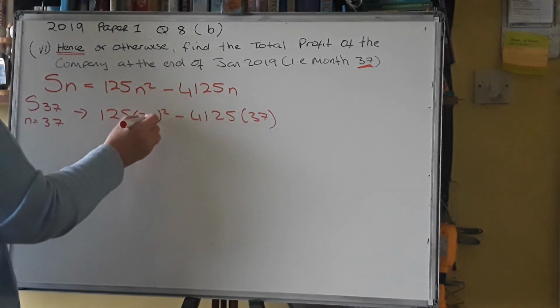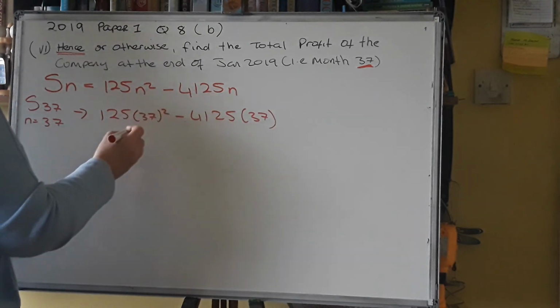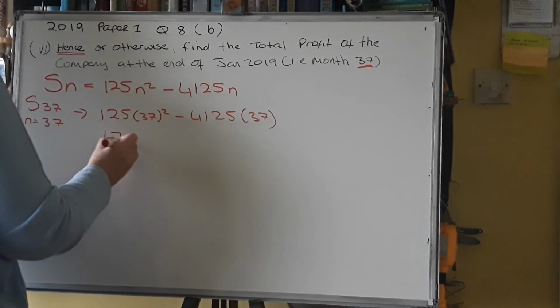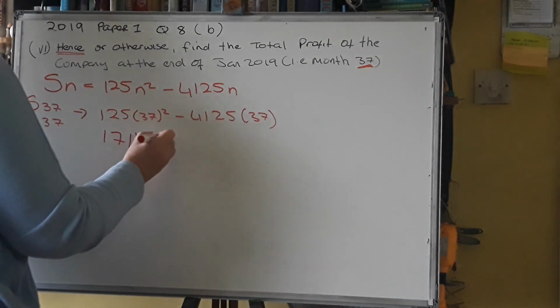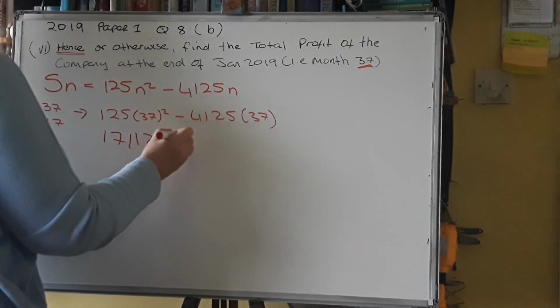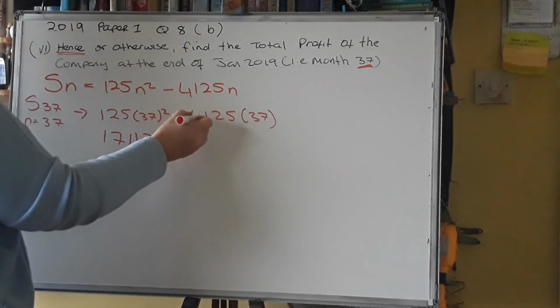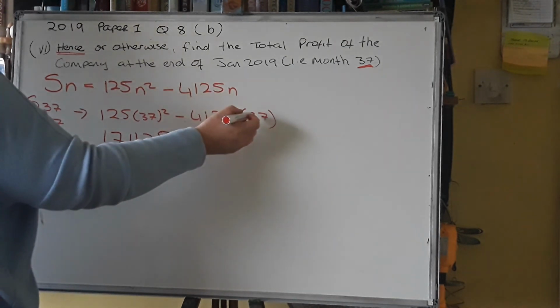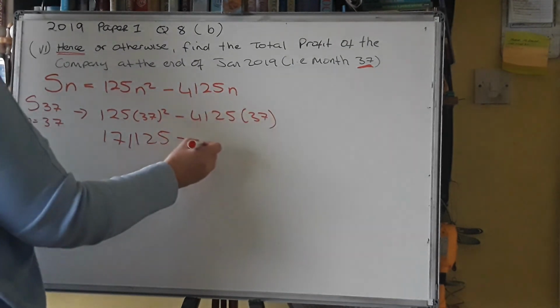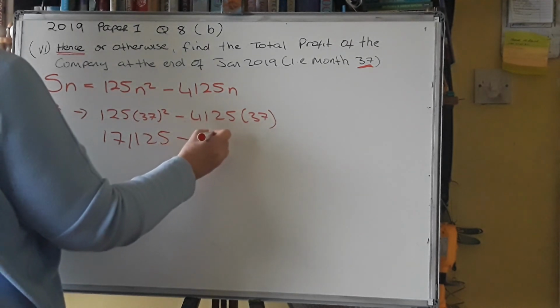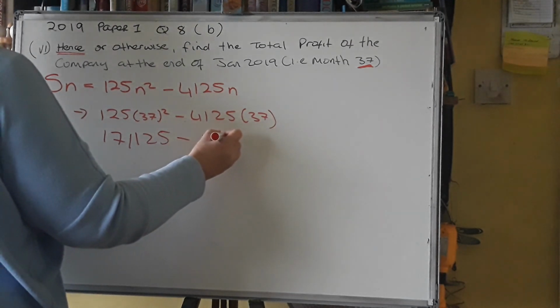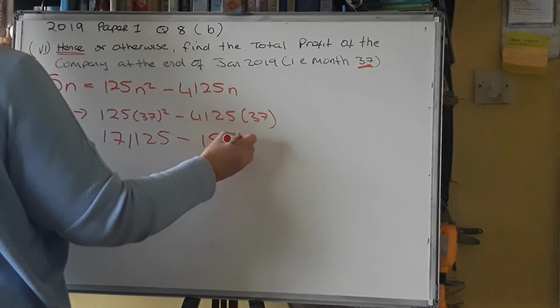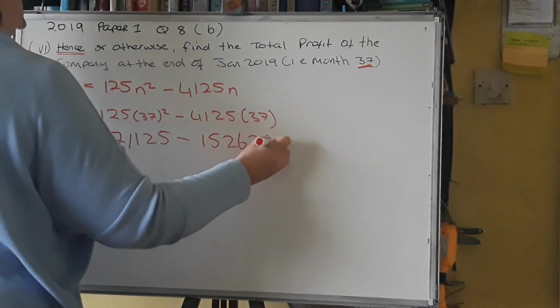125 multiplied by 37 squared gives you 171,125, and take away 4,125 multiplied by 37 is 152,625.